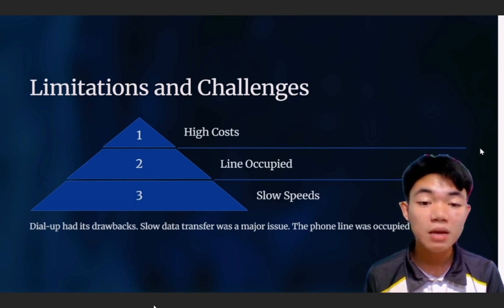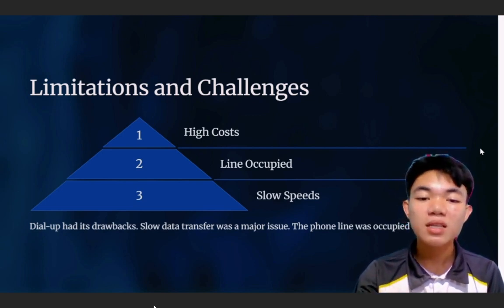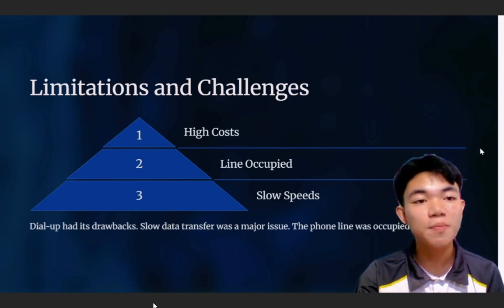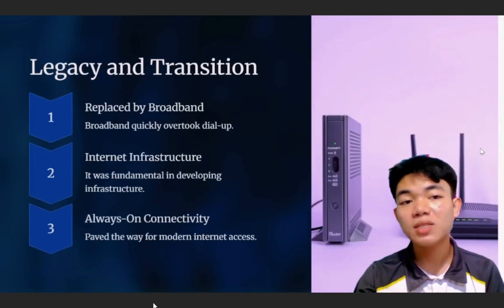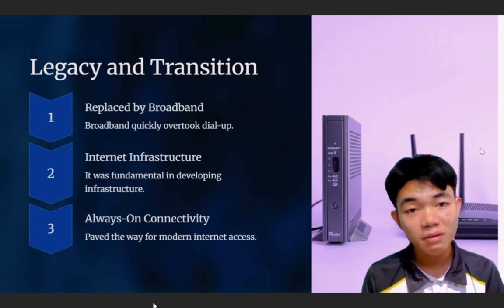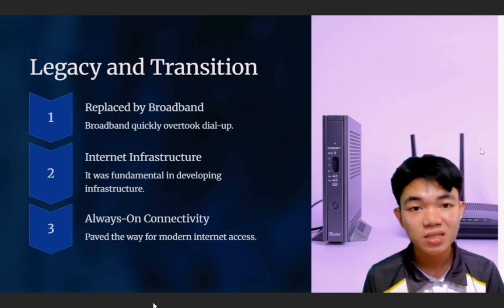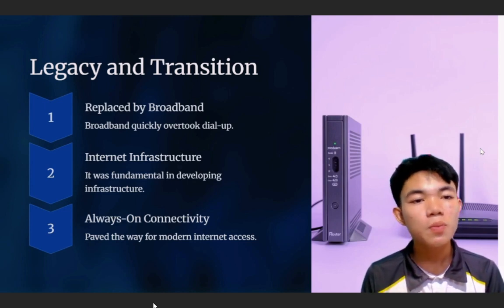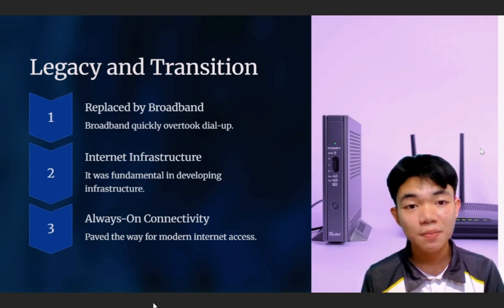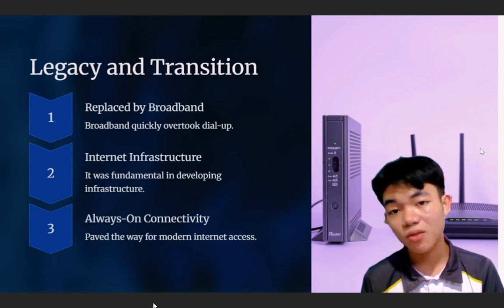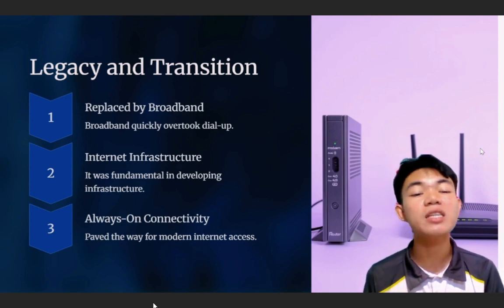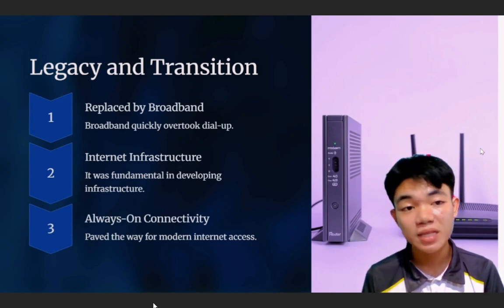becoming more widely available. So the legacy and transition, for the next slide. The image on this slide provides a visual comparison of the old dial-up modem and the modern broadband router, highlighting the technological transition. Broadband quickly overtook dial-up as the dominant internet access method, offering faster and more reliable connectivity.